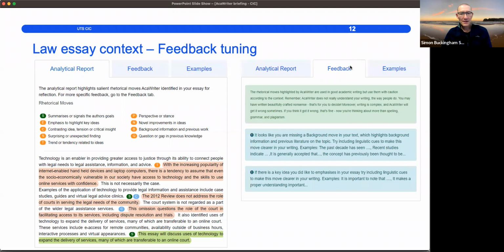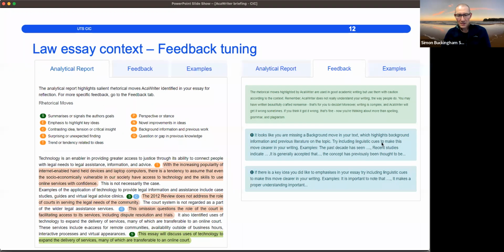Okay, and then on the second tab, the feedback tab, this is where you get written feedback of the sort that your academic might write if they had time to write detailed feedback to you and every other student about these different aspects of your writing. Okay, it looks like you're missing a background move, which does the following thing.